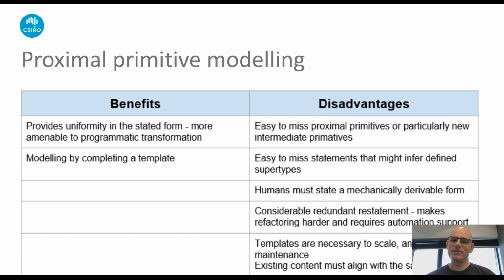And the proximal primitive form is actually quite mechanically derivable. There is quite a lot of redundant restatement, and that's a feature of choosing a very high concept up the hierarchy to then refine. You're not picking up the additional refinements that are in parents that will be inferred after the classification. And that can make refactoring harder.